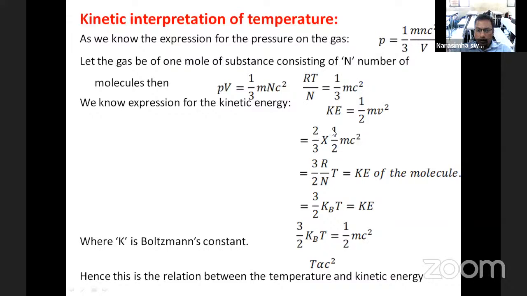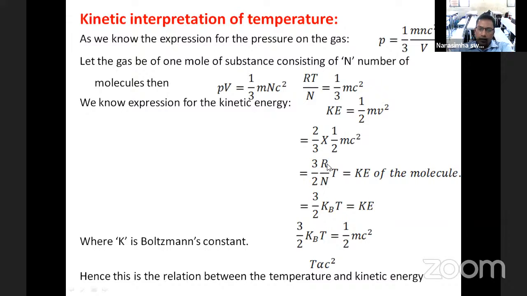Multiplying with this, 1/2 and 2/2, we get 3/2 R/N into T, which is equal to the kinetic energy, 1/2 mc². So 3/2 R/N is nothing but another constant.